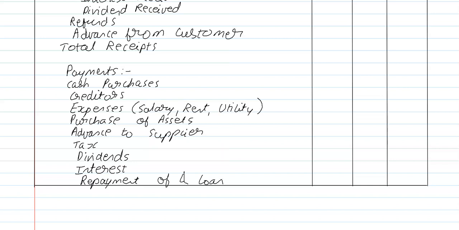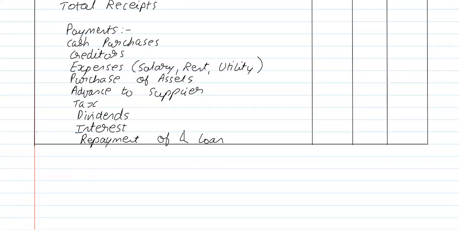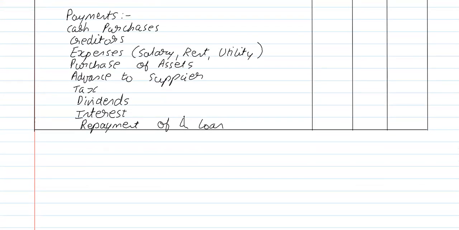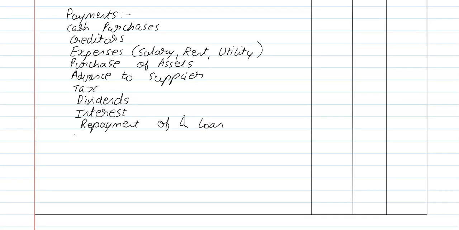And of course, anything else which would be considered money leaving the business or a cash outflow will be part of your calculation. Now, once you're done listing down all the payments, we can have total payments. And finally, a closing balance.